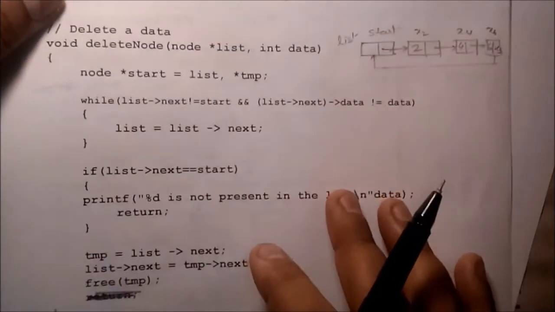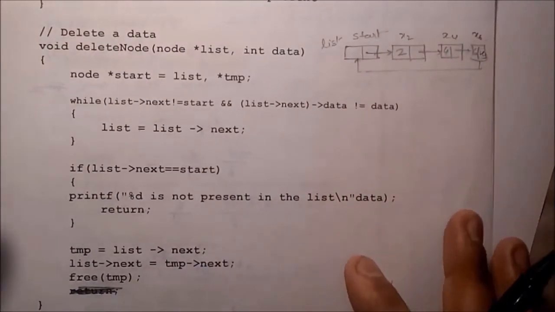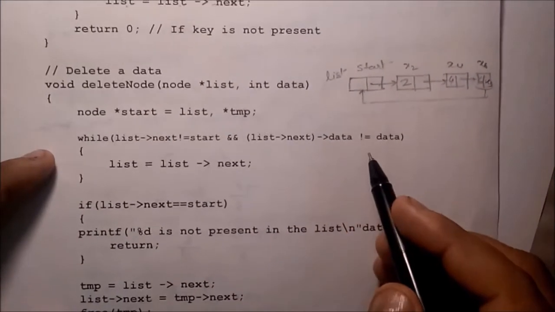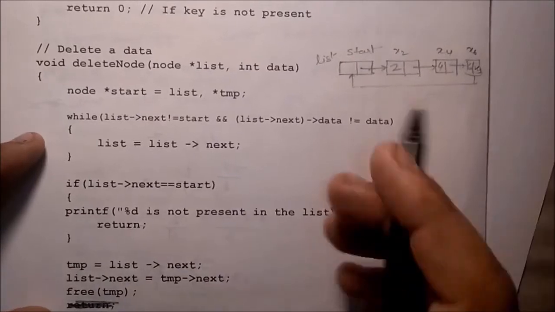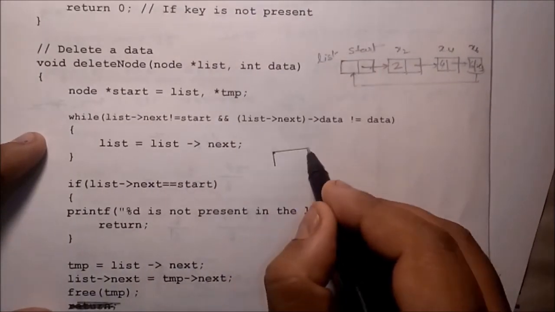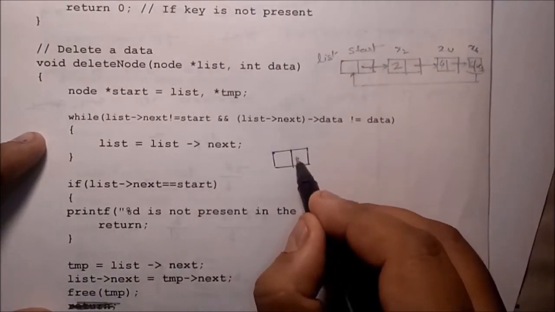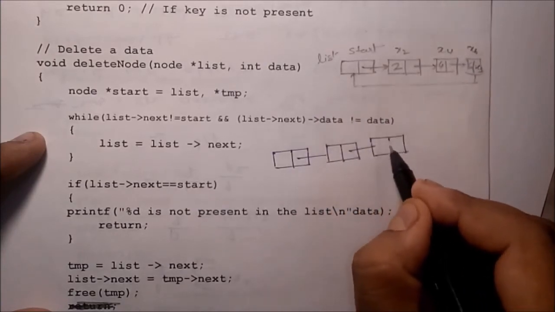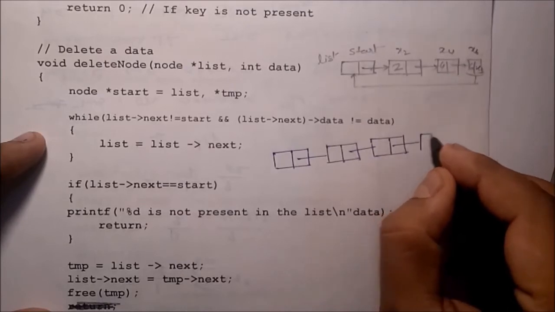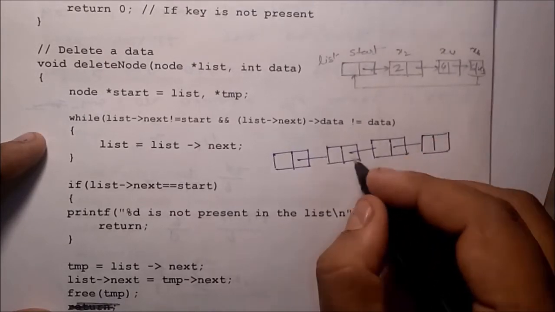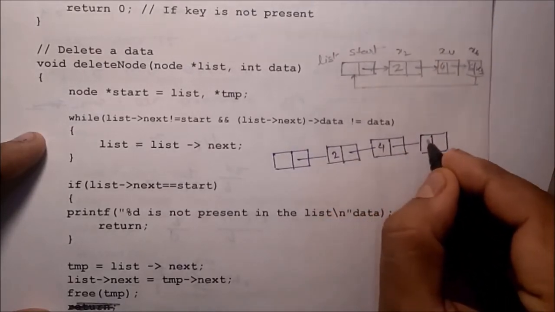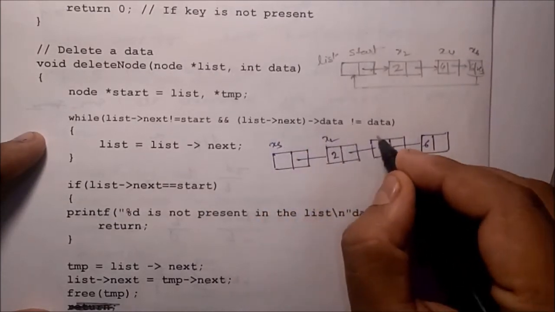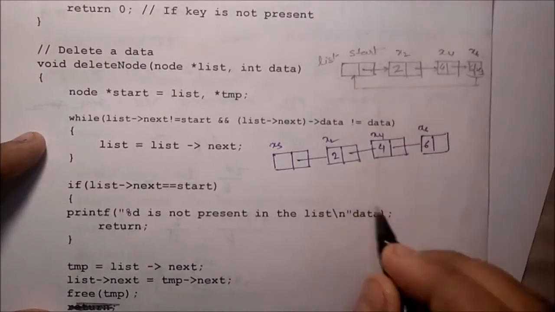Next, delete a node. Suppose we want to delete a node and the situation is like that. Say it is x2, x4 and x6.